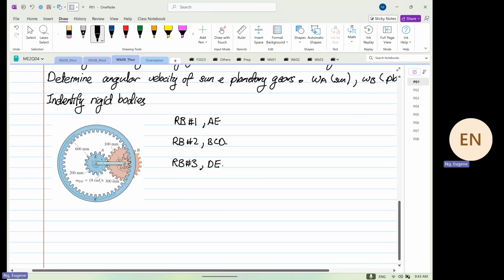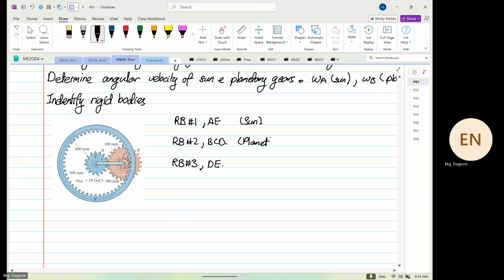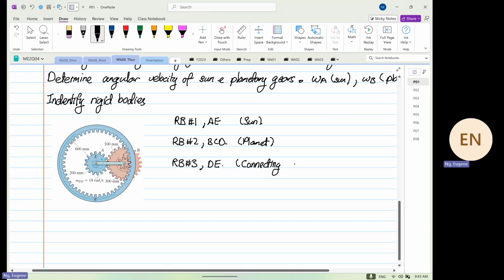So AE is our sun, BCD our planet, and DE, they use a term, DE is our connecting rod or connecting link.